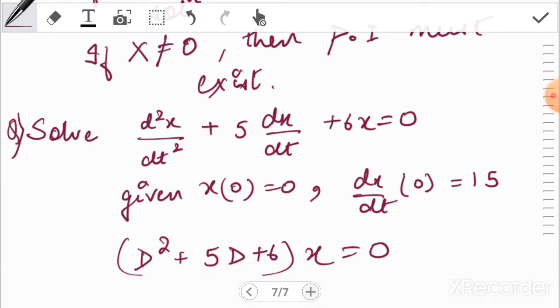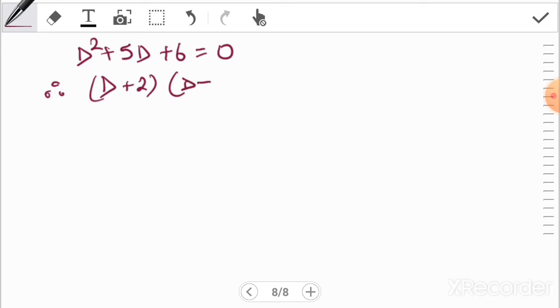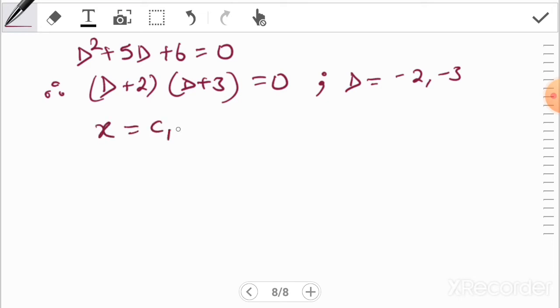Its auxiliary equation is D square plus 5D plus 6 is equal to 0. Factorizing, we have (D plus 2)(D plus 3) is equal to 0, so D will be equal to minus 2 and minus 3. The complete solution is the complementary function: x is equal to c1 e raised to the power minus 2t plus c2 e raised to the power minus 3t.